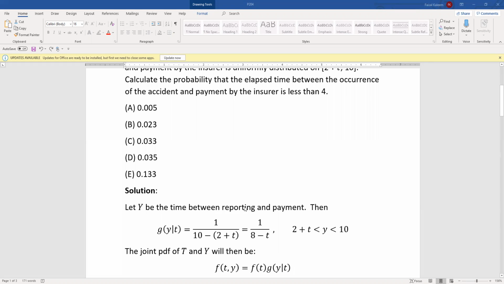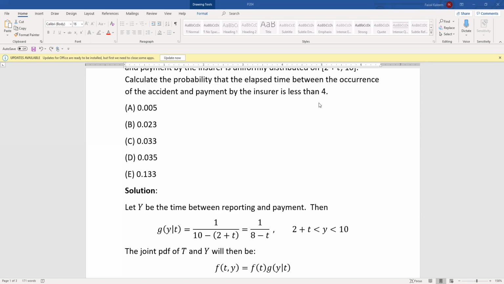We have to find the probability that the elapsed time between occurrence and payment is less than 4. That will be t plus y, because t is between occurrence and reporting, and y is between reporting and payment. So between occurrence and payment, it's the sum of the two times, and we want the probability that t plus y is less than 4.